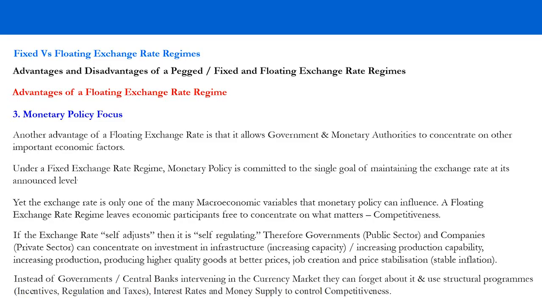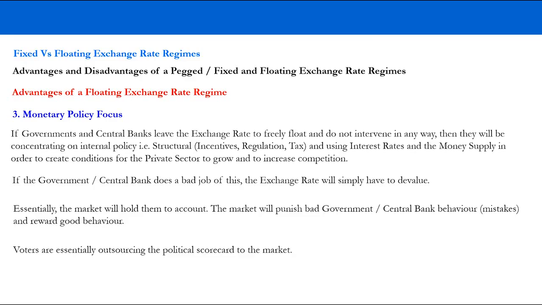Because in a floating system, in theory, what's supposed to happen is that the price mechanism is supposed to self-adjust. Balance of payments are supposed to self-adjust. And basically what happens is if governments and central banks leave the exchange rate to freely float and don't intervene in any way, then they will just be concentrating on this internal policy.